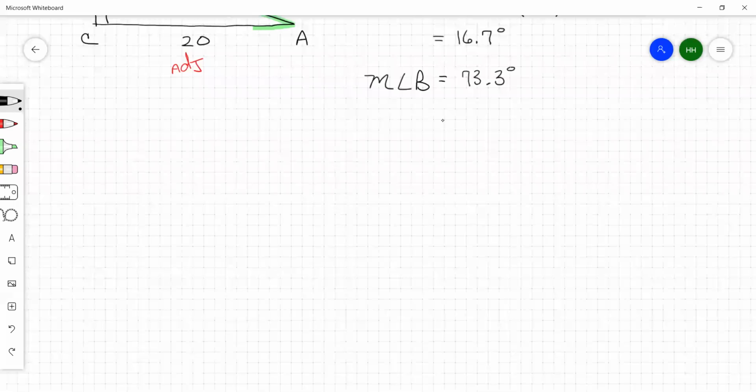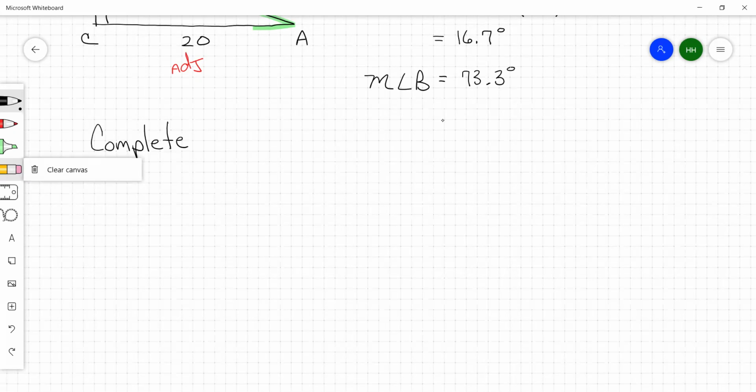All right, so this next example, this last example here, we're going to say solve. If I can get my eraser back. We're going to write solve the triangle.